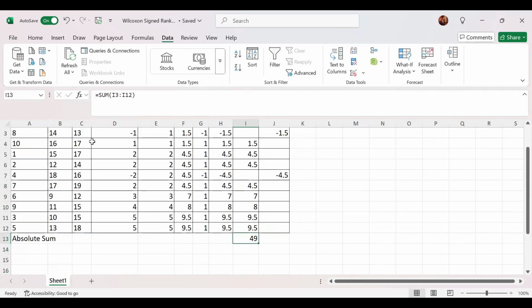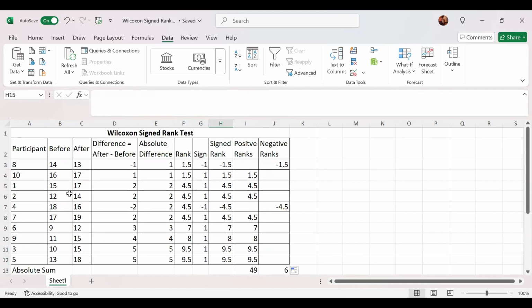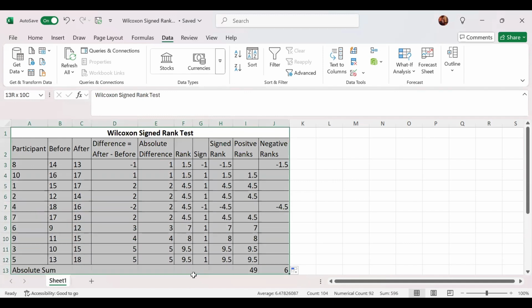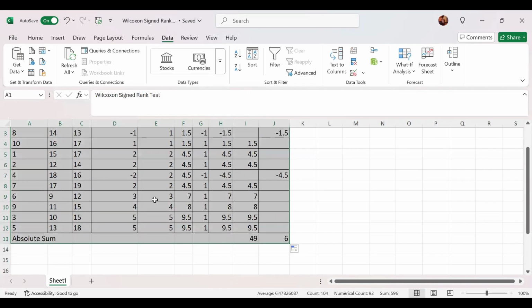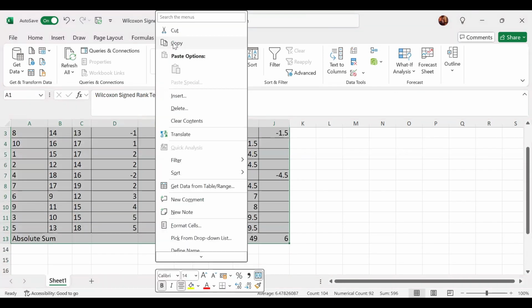So now we will also bring in absolute value, because in the next one, if I calculate it, I will get the negative value, next column. So for that, I will bring in absolute value of this sum. So absolute value of the sum, here it is 6. Now entire data is ready. I will copy this data to our Word file.